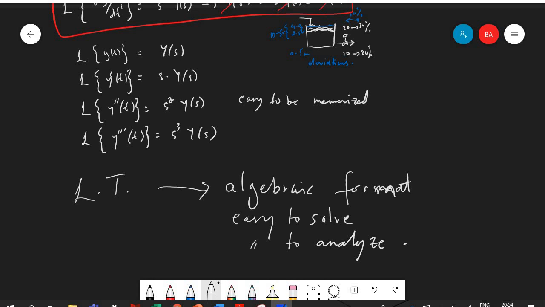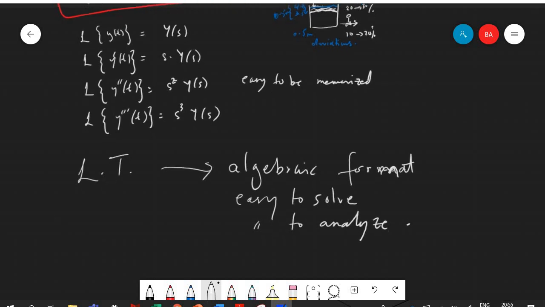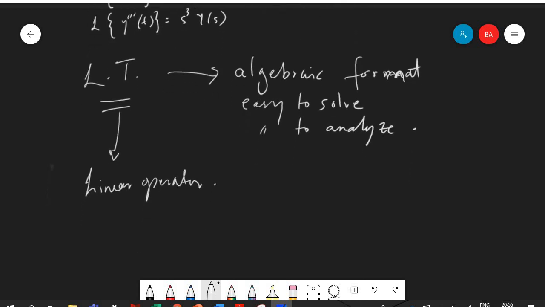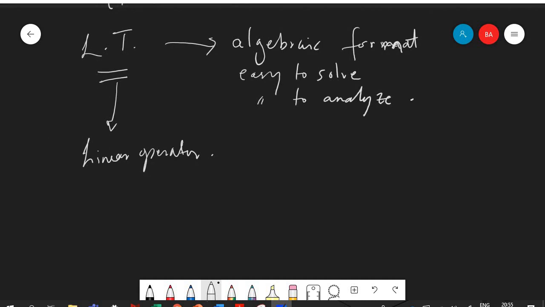The next step that we need to go through is to apply this Laplace transform to the time domain system, the model equations of the different processes that we have mentioned. Remember that Laplace transform is a linear operator. So we need to do one step before the Laplace transform: if we have a nonlinear system, we need to do some kind of linearization.